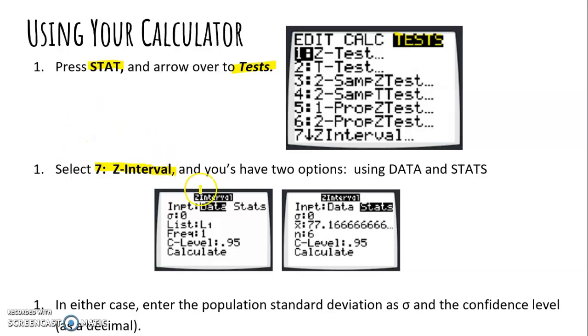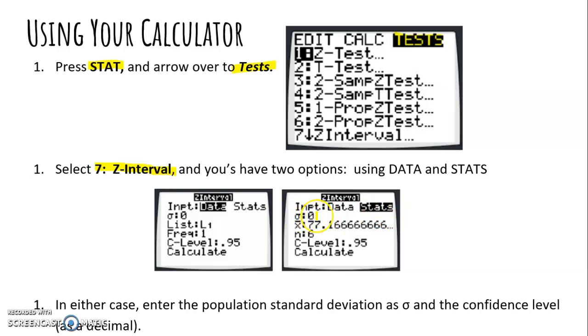Now, notice here, once you choose that, you will have 2 options. You will have the option to use data or to use stats. Now, when do you use each one? If your data is given like the questions we've seen so far, where I'm giving you statistics, the sample mean and sample data, you choose statistics.